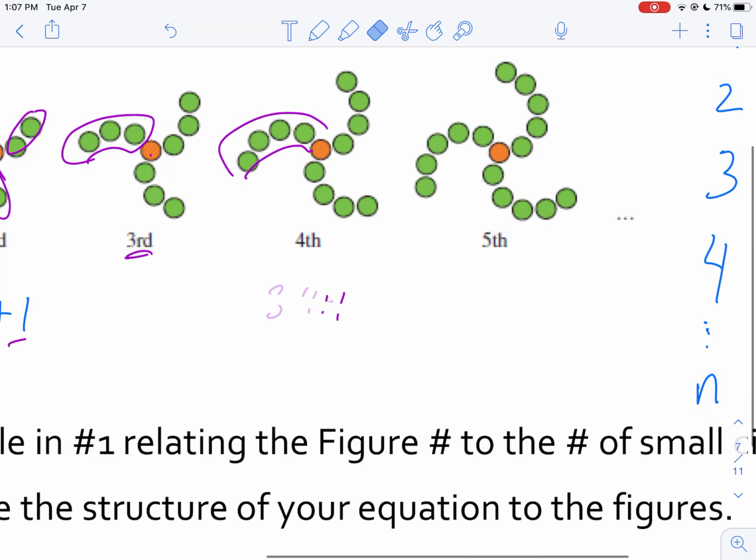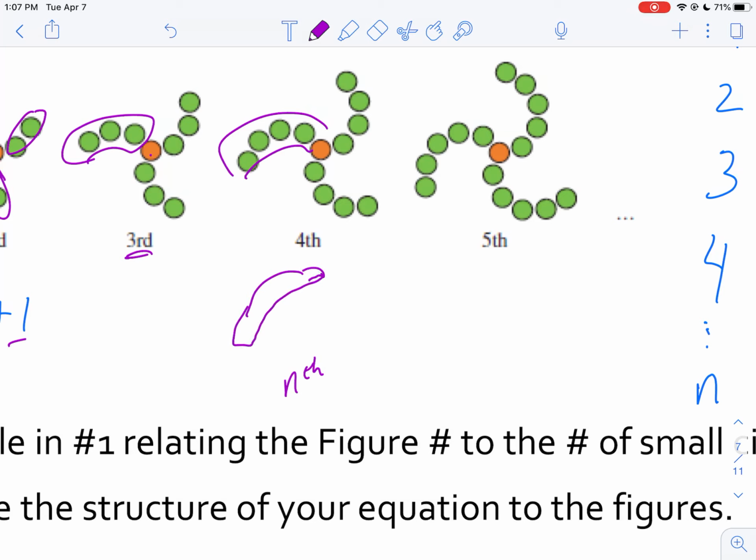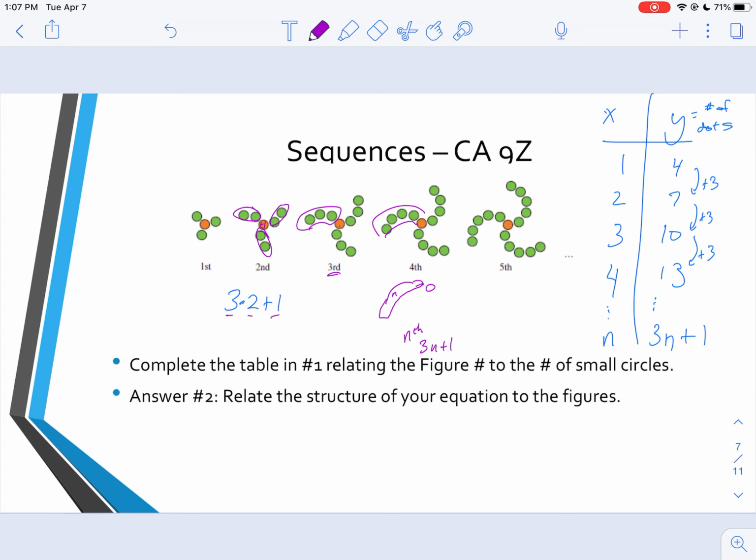And then if we have the nth term, which isn't listed there, we'd say, well, it's 3 sets of n. We don't really know how long those arms are going to be, but there's going to be n in there, plus 1 center one. So that's 3n plus 1. And you notice we didn't rely on the table at all in that explanation. We just thought about the figure.